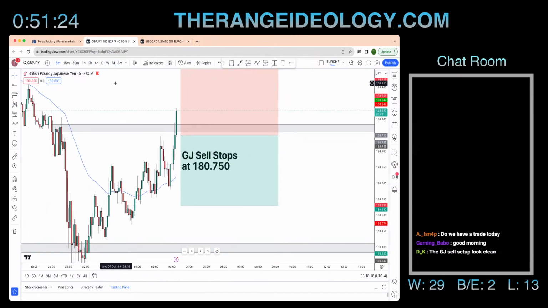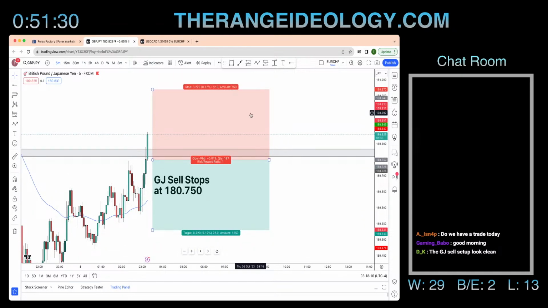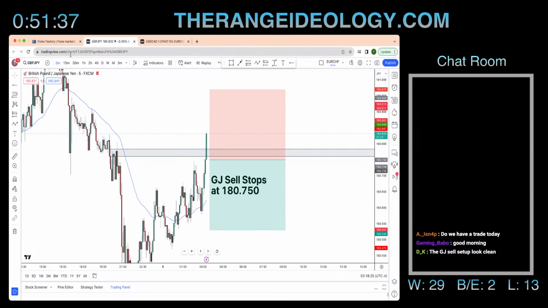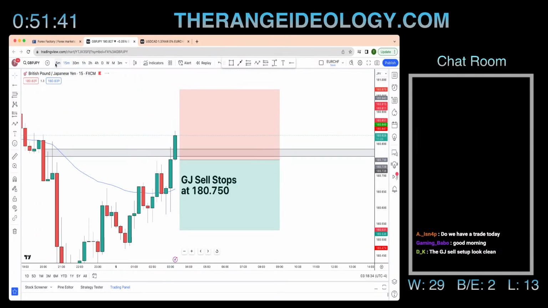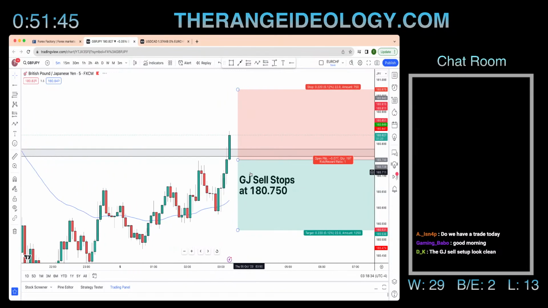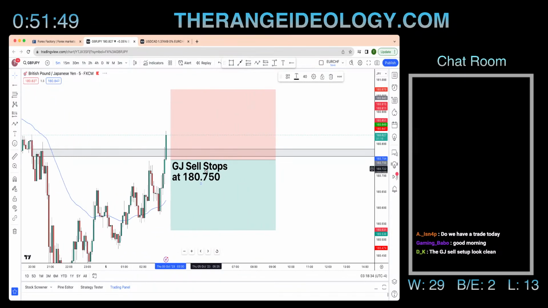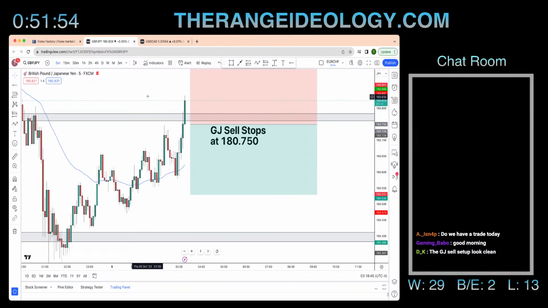Let's see, so 750 here, and then got a 22 pip TP here, which would be at 185.30, and stop loss at 189.70. Now it's continuing that bullish push here, so let's see, does it come back down? Let's see here.